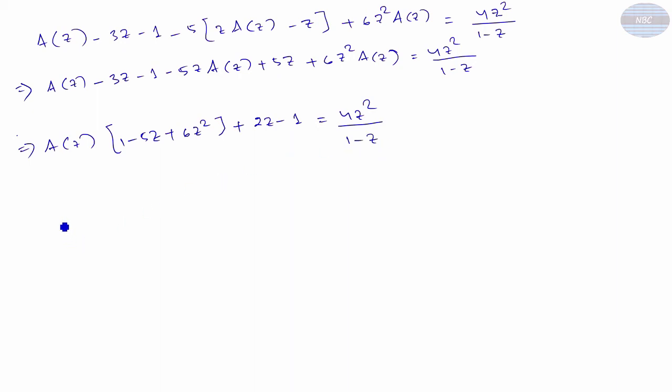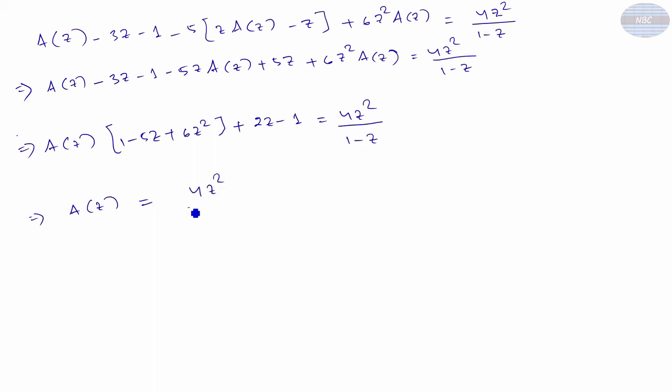Okay, so let us simplify it more. A(z) can be written as, this 2z minus 1 will be taken to the right hand side, and 1 minus 5z plus 6z square will be taken to the denominator.